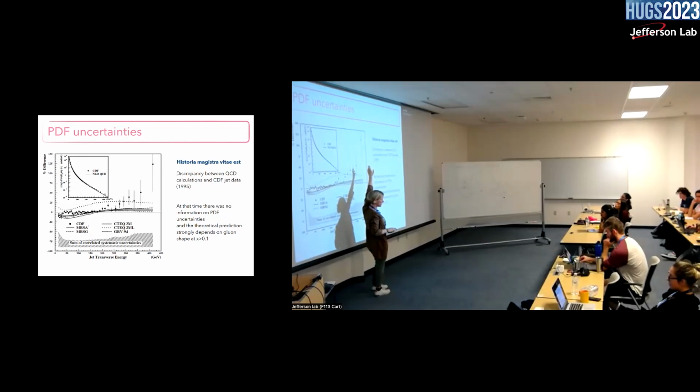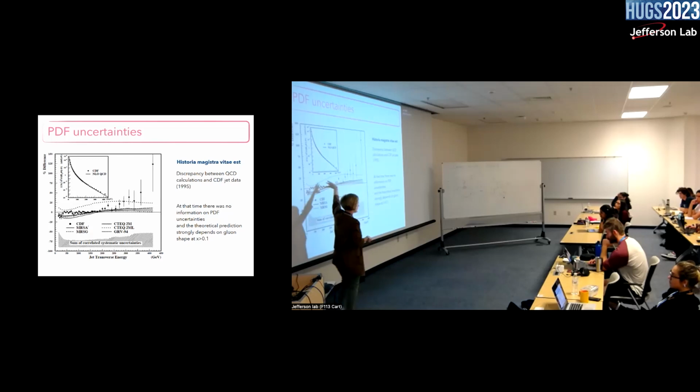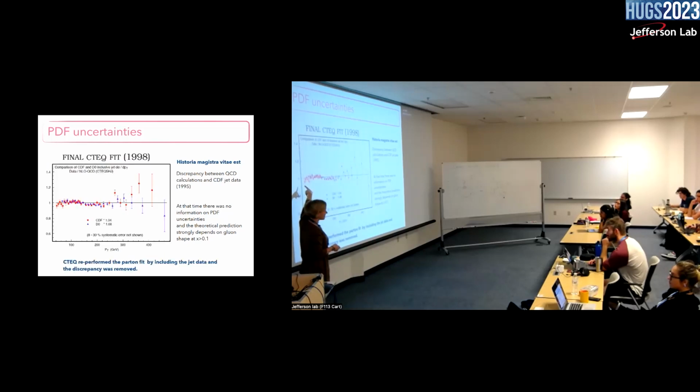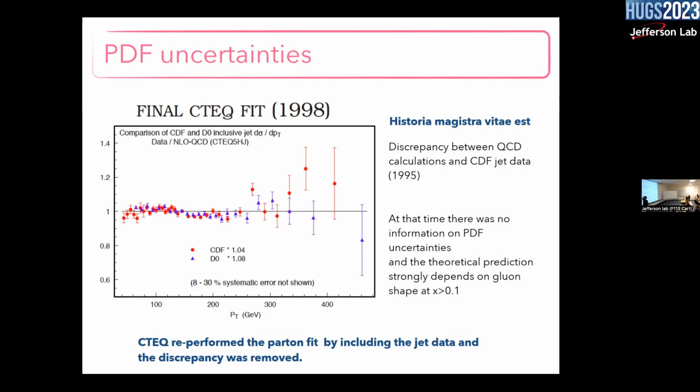So it looked like new physics and people were very excited about it. But then the people who do the fit of the structure of the proton put this data into the fit and the discrepancy disappeared. So you see now the prediction was going back to agree with the standard model, okay? So I think this is telling us that the discrepancy was just a lack of knowledge of the structure of the proton, and it had nothing to do with new physics.